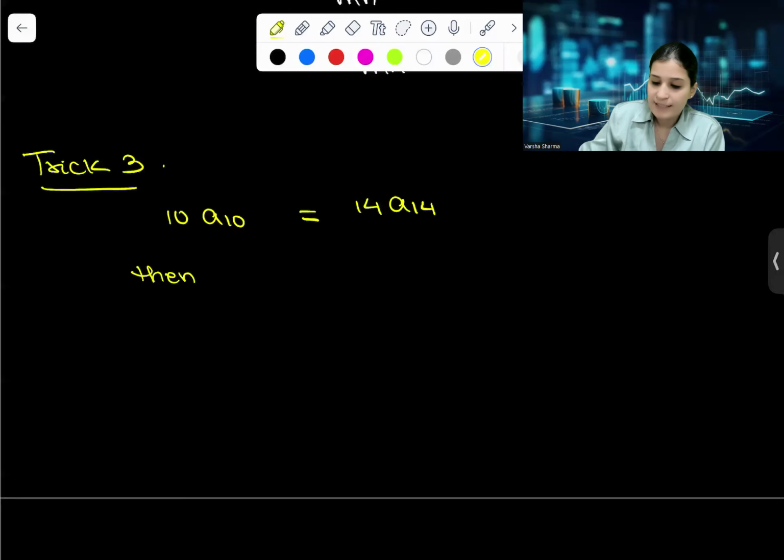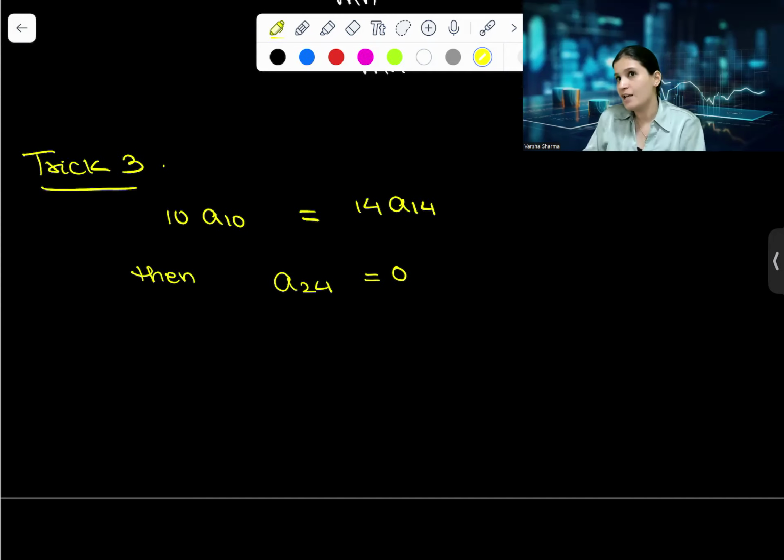Then the sum of them, 10 plus 14 is 24, this term will be 0. There is only one thing from here we can get. Why? Because I can't find A and D. I can only find one relation. That relation only allows me this value.